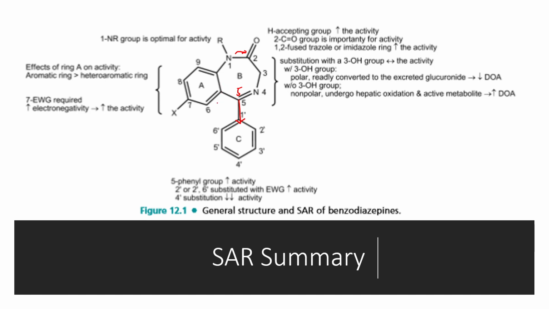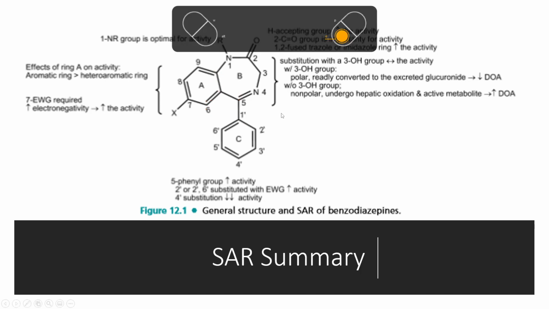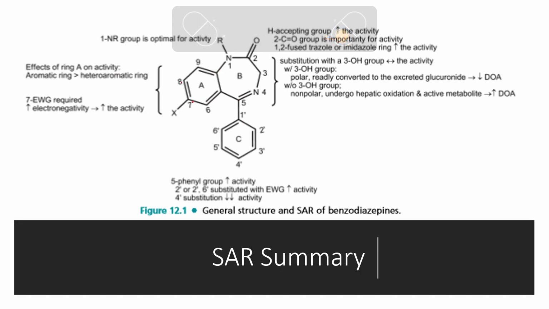Please take note that 6 is this atom right here. This is not counted. These two atoms are not counted because they are fully bonded carbons, and you cannot bond new things to them anyway. Okay, so 7, 8, 9, there's no 10.